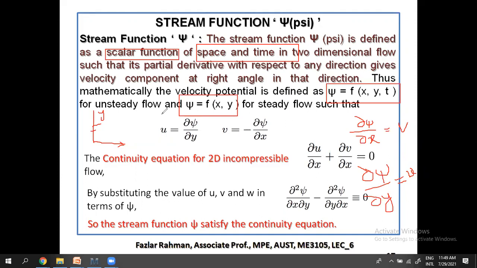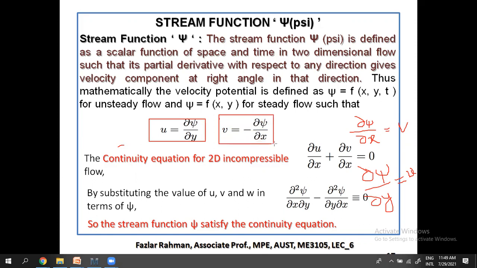Now, right over here, let me erase the box. Here, u is del psi by del y. For v, they put a negative sign in front of del psi by del x.